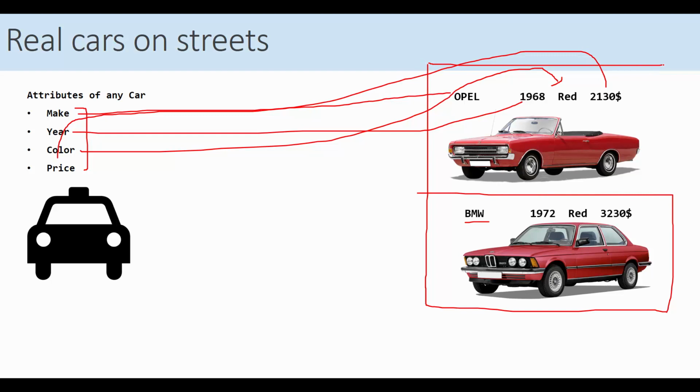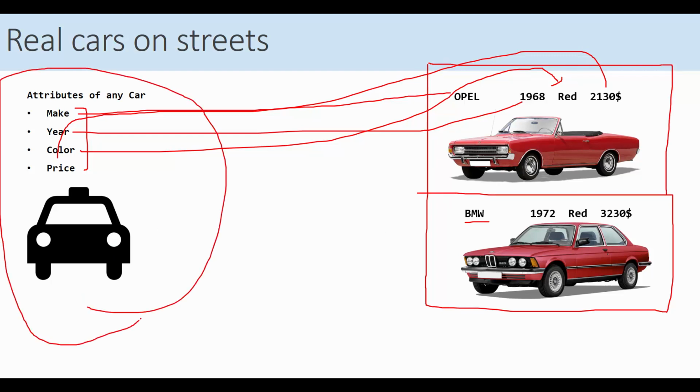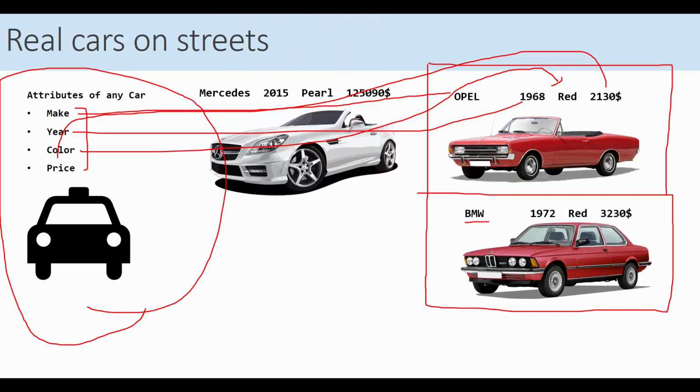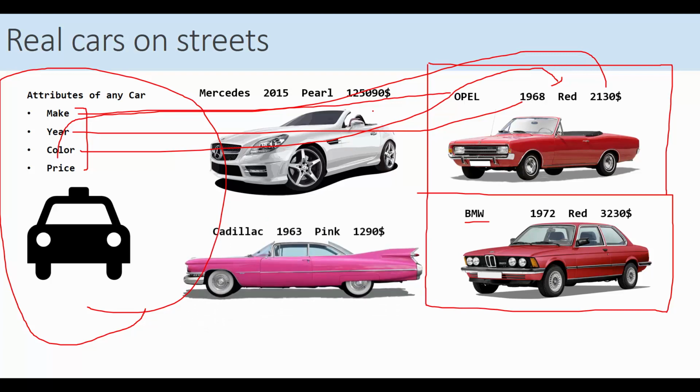And these are real cars in the streets. The one you see to the left here is an abstract concept of what a car is, what attributes should be given to a car. A Mercedes 2015 Pearl, $125,000. Another one is Cadillac 1963 with a pink color, $1,200. These are actual objects you see.